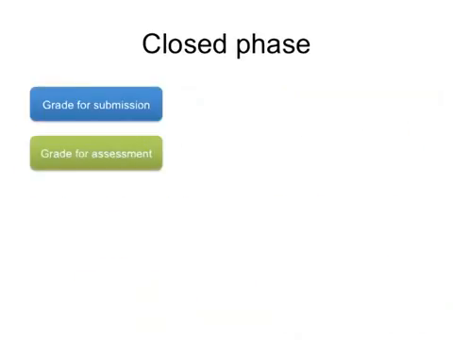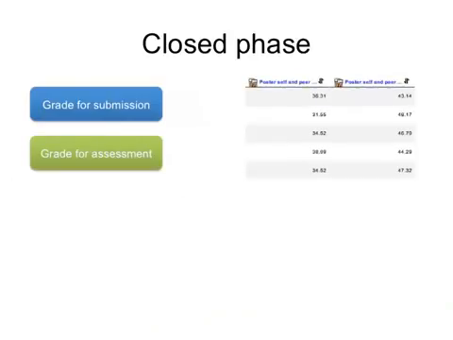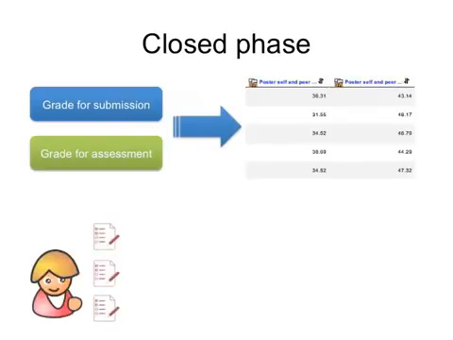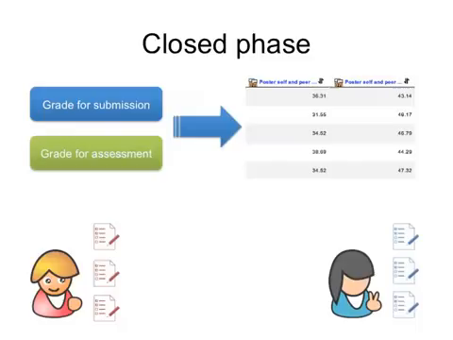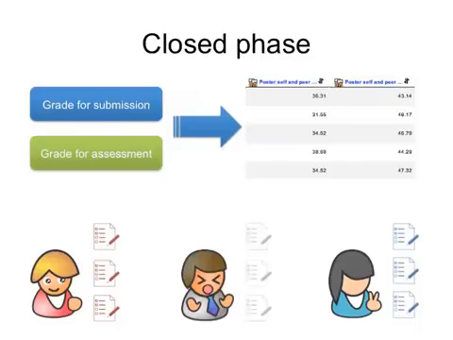Now, this is when the grades are actually pushed into the gradebook and the students have access to those grades, and they also have access to the assessments that other people have done. So Lisa can see the assessment that a teacher did, that David did, and that Carla did, and she's pretty happy about it. Same for Carla, but David is not so happy with his assessment.